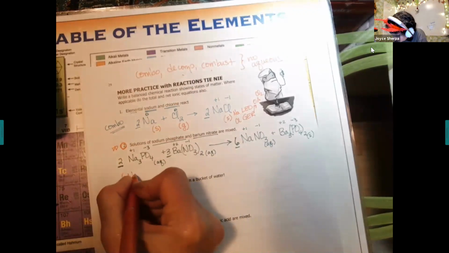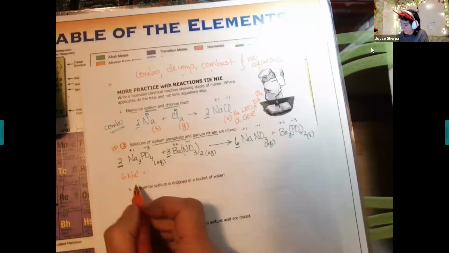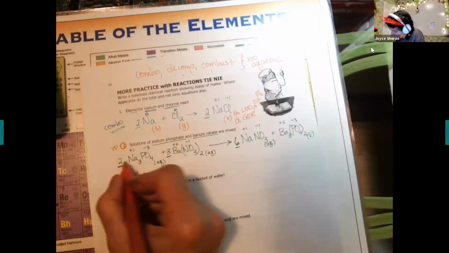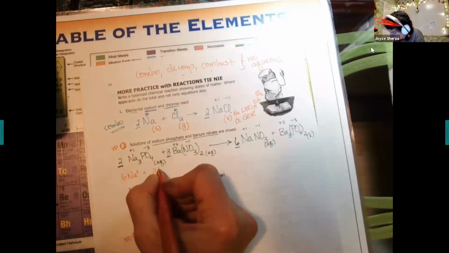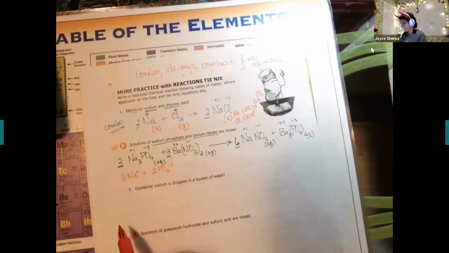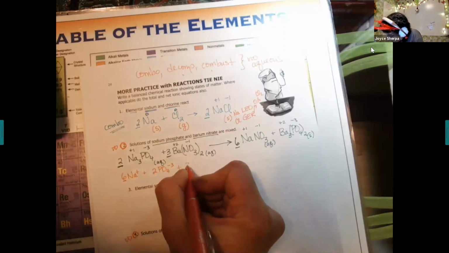So 6 sodium ions. This 2 and the 3 combined, so you're showing it becomes 6 sodium ions and 2 phosphate ions. You must show the charges. You can leave off the aqueous. Right here, the 3 goes to both of them.